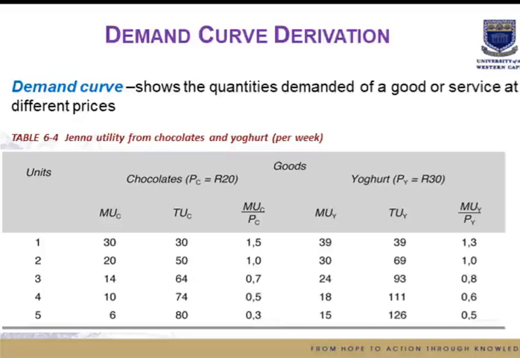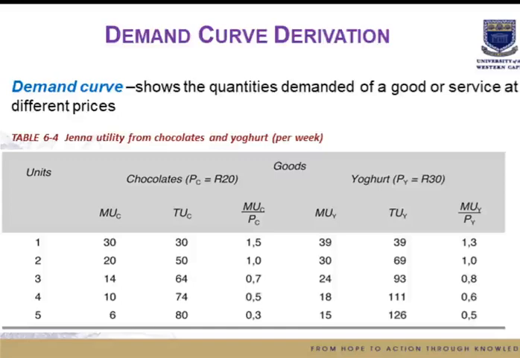A demand curve illustrates the quantities demanded of a good at different price levels. Let us now use an example to illustrate how consumer equilibrium changes when there are changes to the price of a product. Suppose Jenna Pillay has 100 Rand available to spend on yogurt and chocolate.